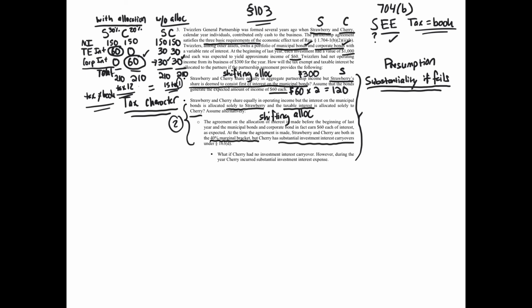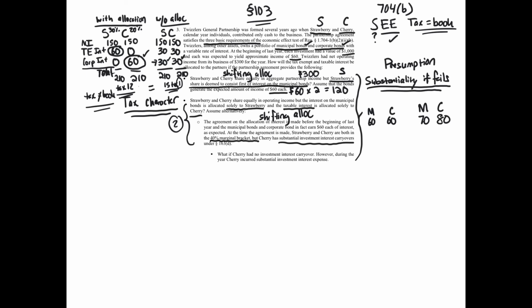One might argue that so long as there's a reasonable possibility that the two investments will generate different amounts of income, the allocation should be respected. Now, this year at issue, it's 60-60, so it's the same, right? But what if it was municipal bond versus corporate bond? What if next year the municipal bond is 70 and the corporate bond is 80, right?